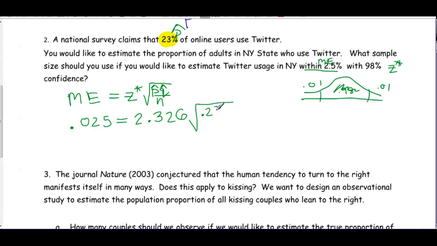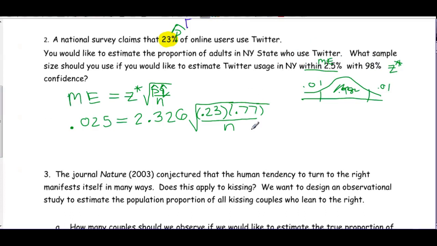They gave us 23% of online users use Twitter as their claim, so that would leave 77% that do not use Twitter. And then we're trying to figure out what our sample size is, the minimum one, if we want to have 98% confidence and be within 2.5%.